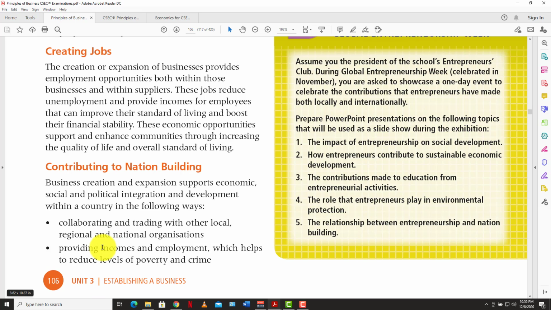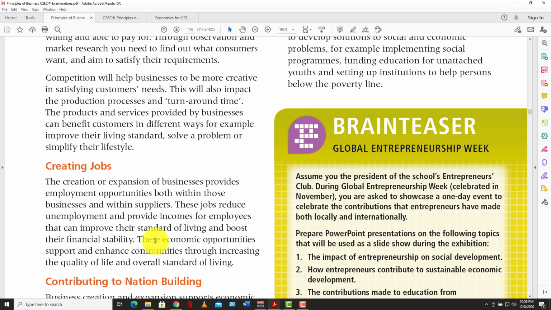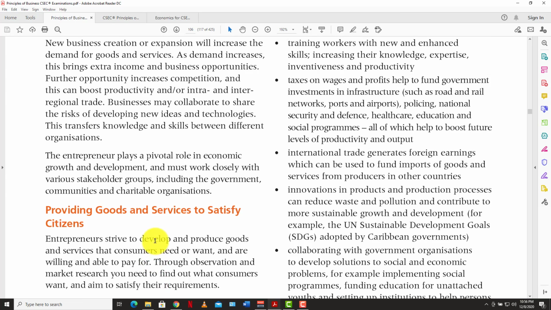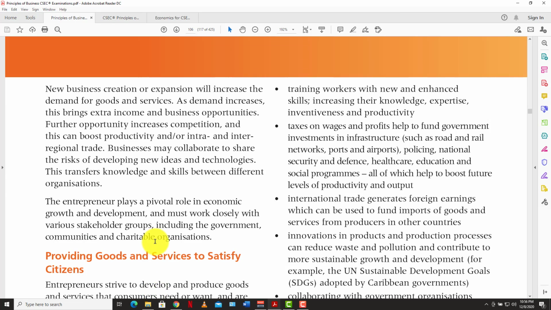So that's another way in which businesses can help as it relates to social and economic development in a country. It can reduce the crime rate, as I say here, reduce the poverty rate, those kinds of things. So it can help with building the nation itself in many ways. Apart from taxation, they keep people employed so that they reduce crime and reduce poverty and those kinds of things. So your human development index might increase because you have businesses creating certain opportunities for persons.